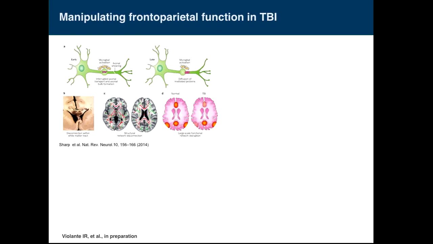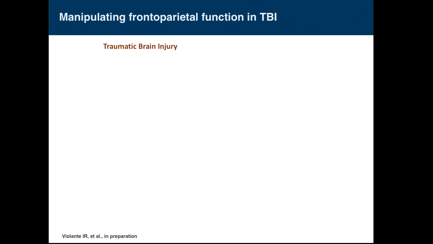Okay, so we wanted to take these results and apply them to patients with traumatic brain injury. When you have a traumatic brain injury, typically what happens is that you have something called diffuse axonal injury. Due to movements during the brain injury, you have axonal injuries, and this will impact, of course, how communication passes between different regions of the brain.